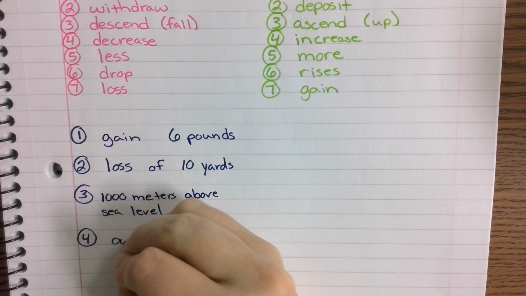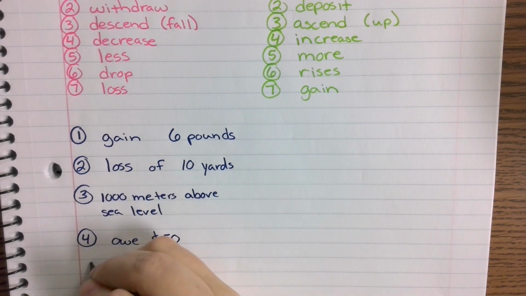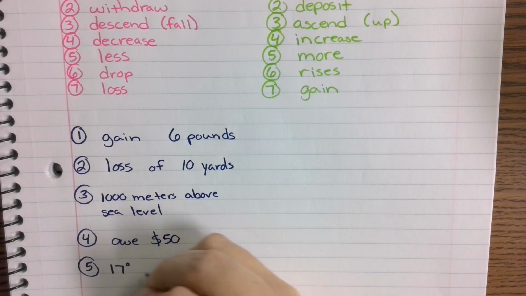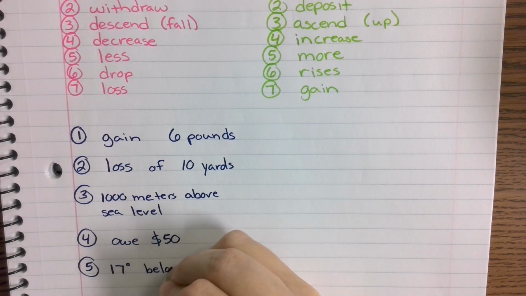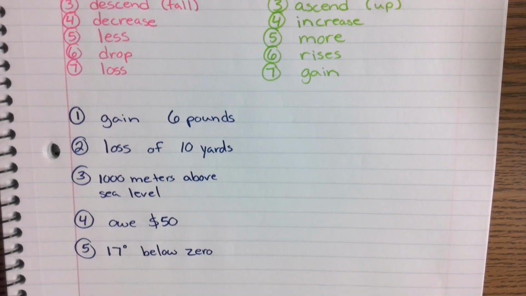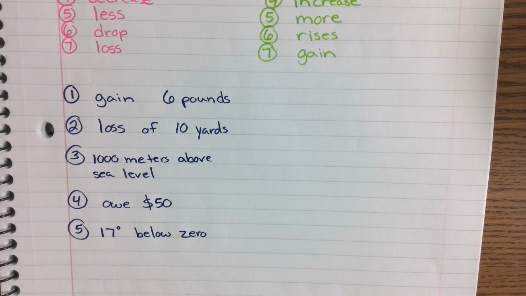If you owe somebody $50, we'll say 17 degrees below zero. So off to the side, you're going to go ahead and write down what kind of value, what kind of integer is that going to be, positive or negative integers.